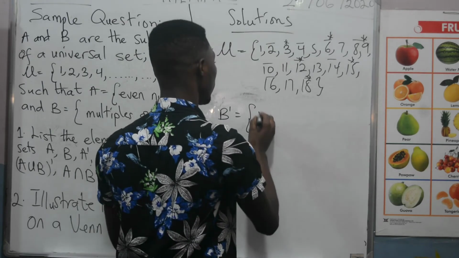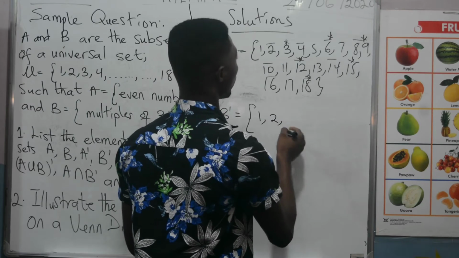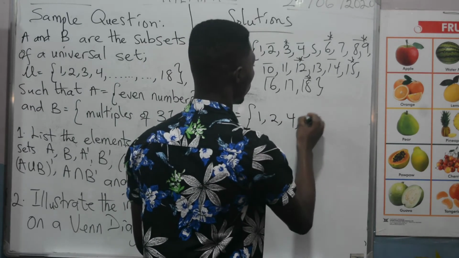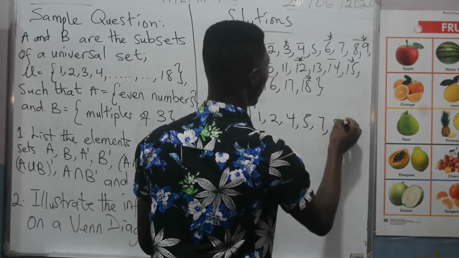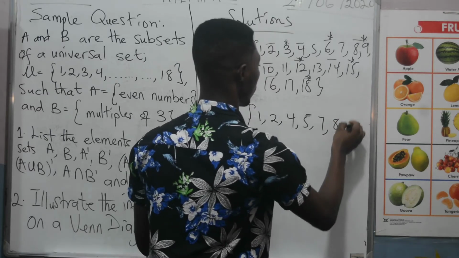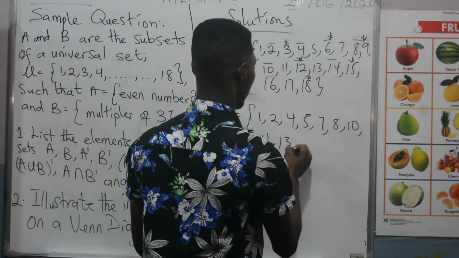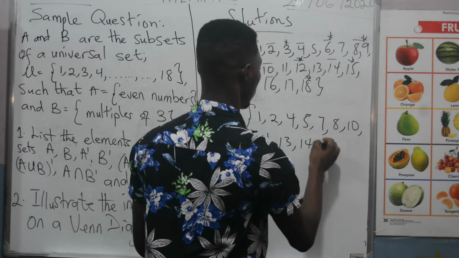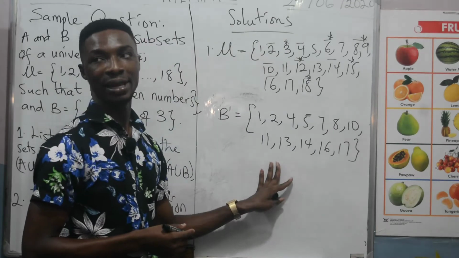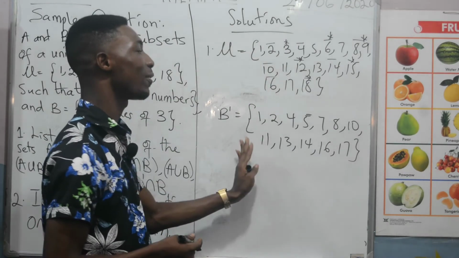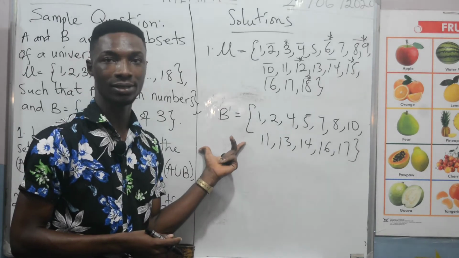We have 1, 2, 4, 5, 7, 8, 10, 11, 13, 14, 16, and 17. All these elements are in the mother set, but they cannot be found in B, so we place them in B complement.